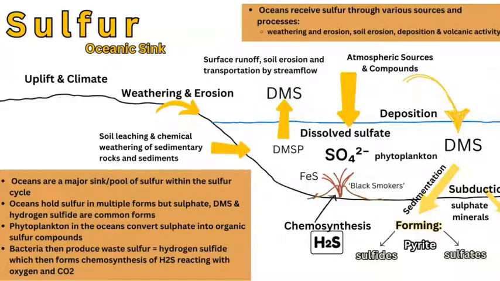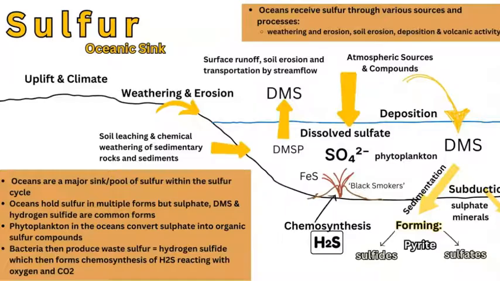You also get the dissolved and the deposition of DMS, dimethyl sulfide, and you also have the addition of any sulfur that's been broken down through chemical weathering and erosion of any terrestrial minerals or rocks containing sulfur that are going to flow back into the oceans through any kind of stream flow, groundwater flow, or any kind of surface runoff. So the uplift and the climate are going to dictate the amount of weathering and erosion that takes place.